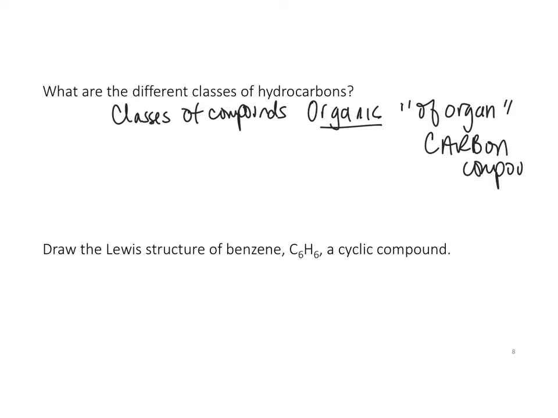So we're going to be doing a lot of Lewis structures with carbon compounds, and then we have to classify them. And you'll see a functional group in your reading. And that's because classes of compounds will behave similarly, and they'll have similar physical properties and similar chemical properties based on their functional group.